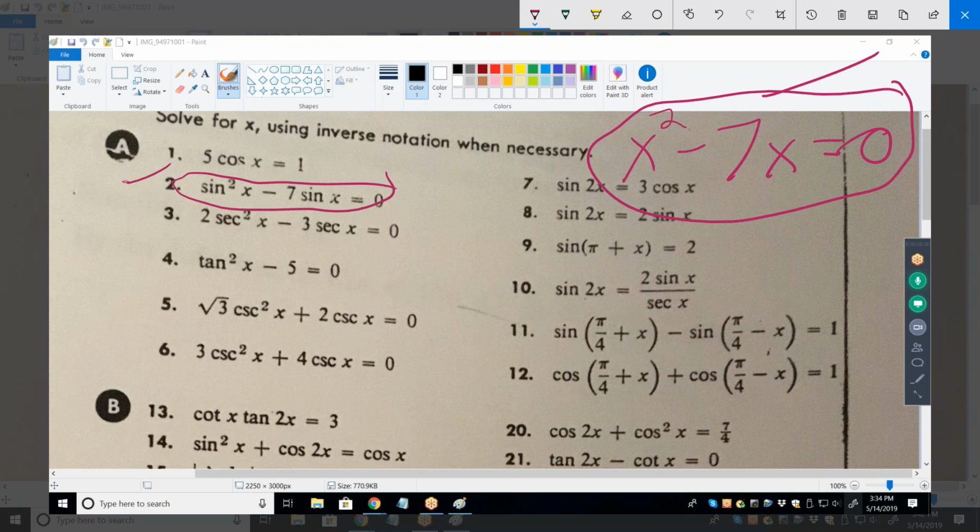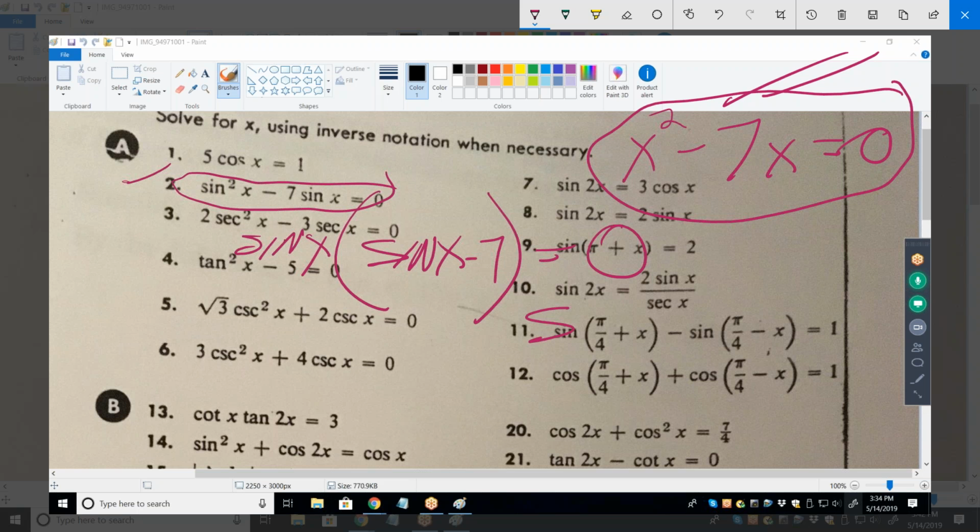Do the same thing over here. What are you going to factor out? Sine of x, leaving sine of x minus 7. And now, just like a polynomial, you solve it by setting each factor equal to 0.